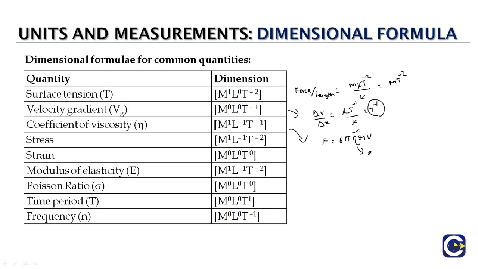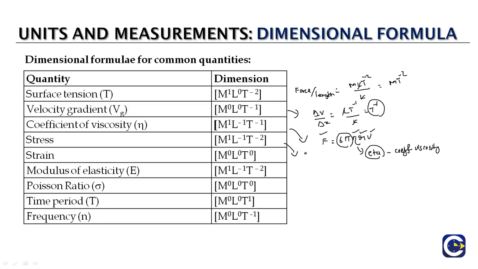This symbol over here is called eta, and this represents coefficient of viscosity. Same way as we did in the case of the gravitational constant, force is known to us, r is the radius of the sphere and v is the velocity, and numbers do not have dimensions, so we will be able to find the dimensional formula for the viscosity.